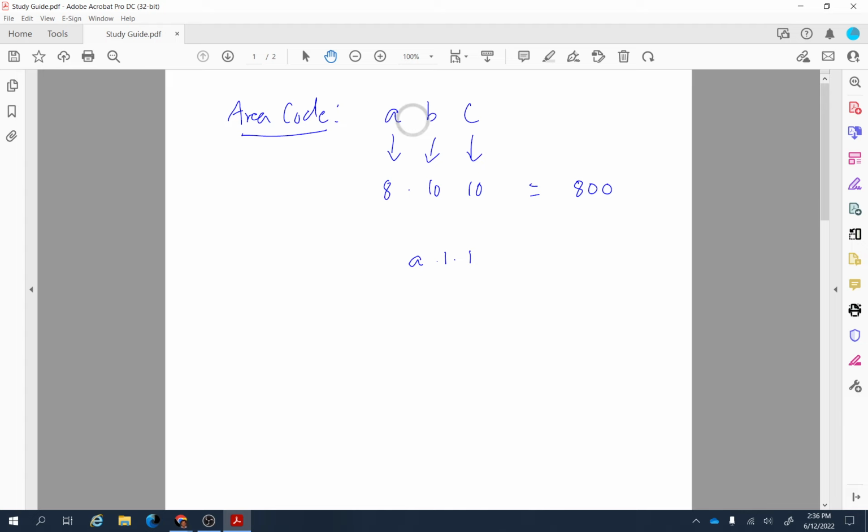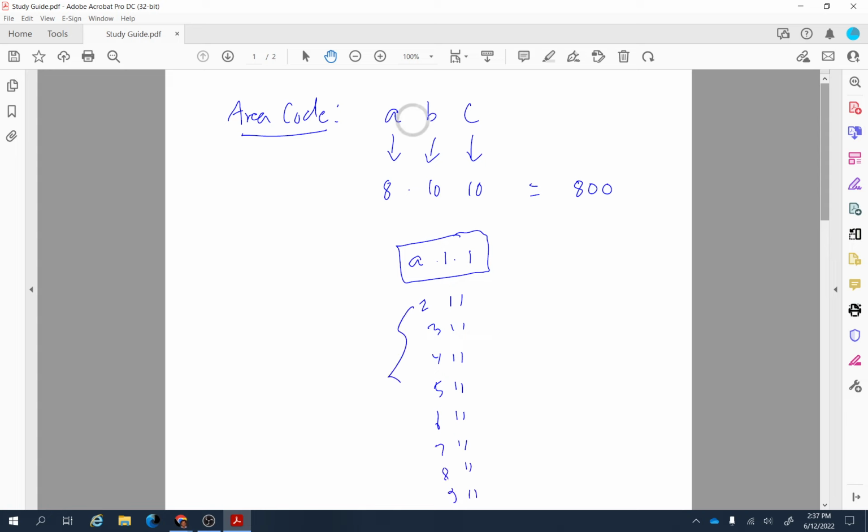So we need to find out how many 3-digit numbers we can form like A11. For the A, there are 8 different options, because for the first digit you could have 2, 3, 4, 5, 6, 7, 8 and 9. These are the options: 211, 311, 411, 511, 611, 711, 811, 911.